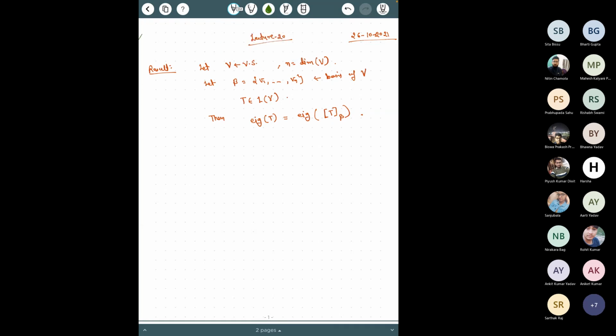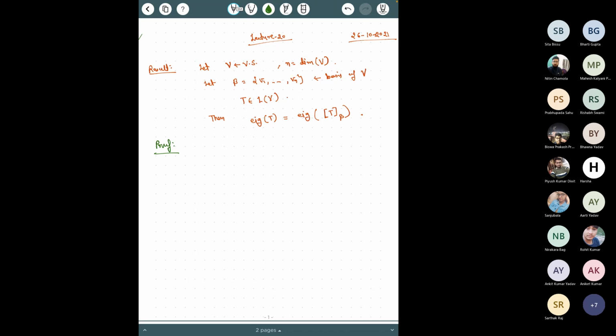Let us prove this. We have to show that these two sets are equal. What I will do is start by taking an eigenvalue of T and show that this is also an eigenvalue of the matrix of T, and then the other side.